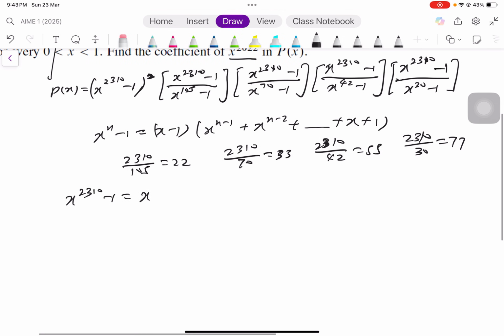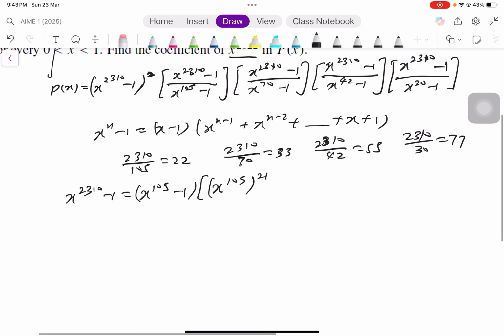x^2310 - 1 is (x^105 - 1) times this part here, which is x^105 raised to the power of 21, because it's 22, so this part takes the power of 22 minus 1, then down to x^105 to the power of 1, and then plus 1.